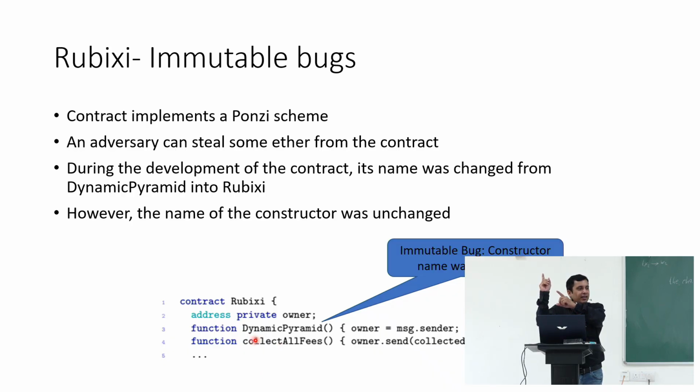And in that I can start performing the attack, or I can change the behavior of that Rubik's Cube. So Rubik's Cube behavior can be changed because the Dynamic Pyramid name was not changed in the constructor. This is again an immutable bug: once it is deployed on the blockchain, you cannot change it.